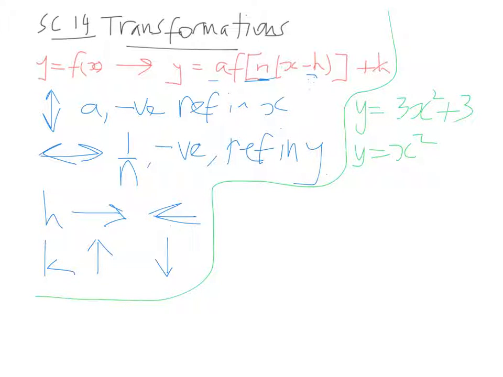Okay, what we want to do now is ask what are the transformations done to turn this into that thing there. So we're starting with x squared. What we can do is take out a common factor of 3, and say we've got 3, and then x squared plus 1. So that's what we end up with there.